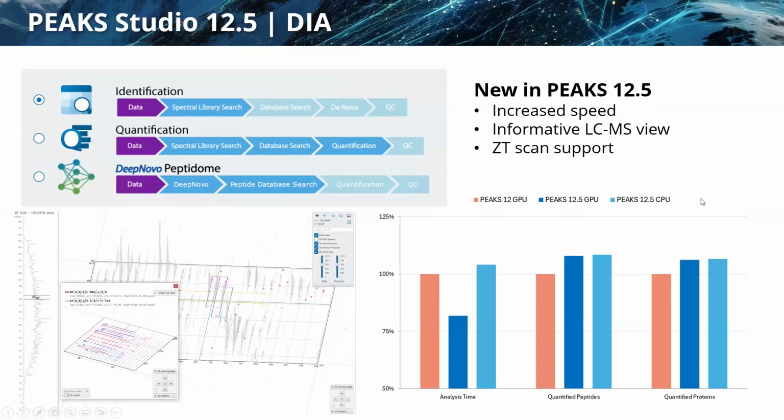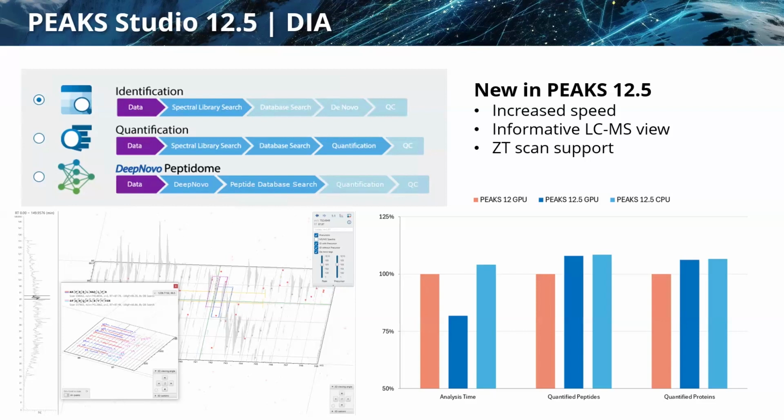The DIA workflow is one of the workflows that makes use of the GPU resource. Unlike DeepNovo, the GPU is not required for DIA analysis. However, it does speed up certain steps of the analysis.